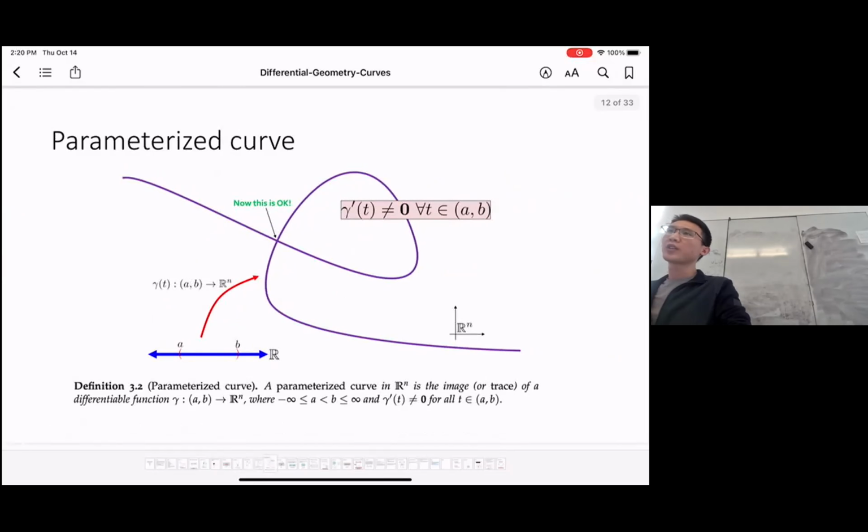The next thing we're going to introduce is the so-called parameterized curve. Remember, we say that a curve cannot be a function; it has to be geometrically a set of points. But if we want to work with a set of points, sometimes it can be really hard.